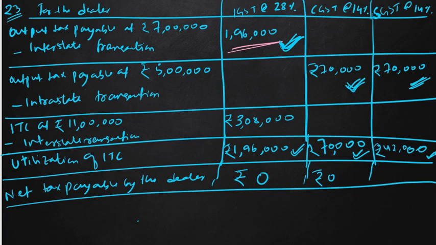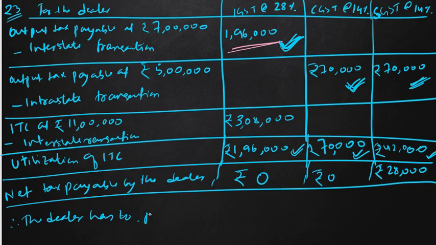But in the SGST section, you can see he needs to pay 70,000, but he has paid only 42,000. So how much extra money does he have to pay? If we subtract, 70,000 minus 42,000, we get 28,000. That means he only has to pay 28,000 of SGST.